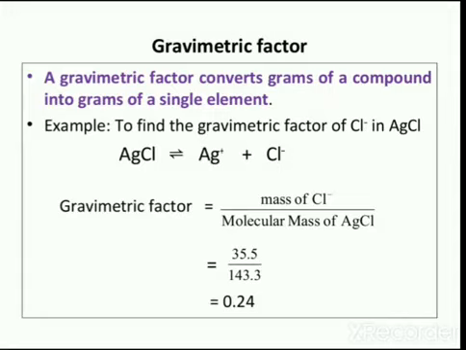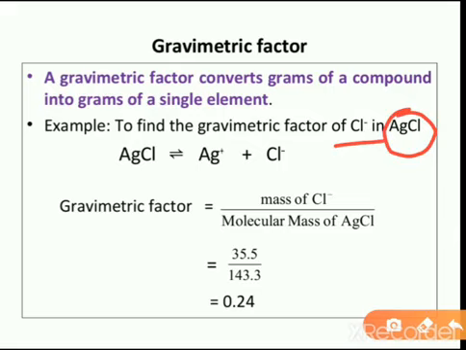In addition to this, we already know what the gravimetric factor is: the ratio between the mass of the substance to be estimated and the molecular mass of the substance formed. When we are going to estimate chloride ion, the chloride ion is precipitated as silver chloride.